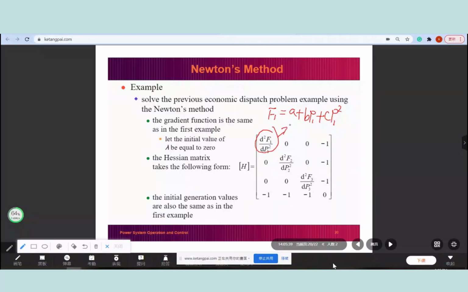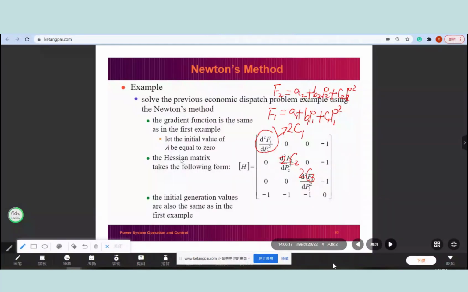You will of course get 2c1. Similarly for this, a2 plus b2 p2 plus c2 p2 square, you will get this. Similarly for generator 3. So you can easily calculate the Hessian if you have an input-output curve like this.